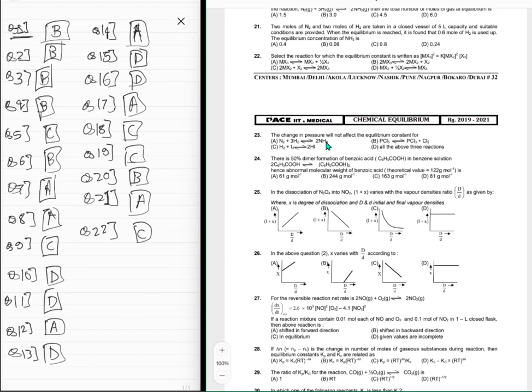When you increase the pressure, your Kc is still the same. Sorry, your Qc, I should say, the reaction quotient in terms of concentration, that's still the same, but your reaction quotient in terms of pressure is now different, right? And the reaction quotient in terms of pressure is what actually matters, right?